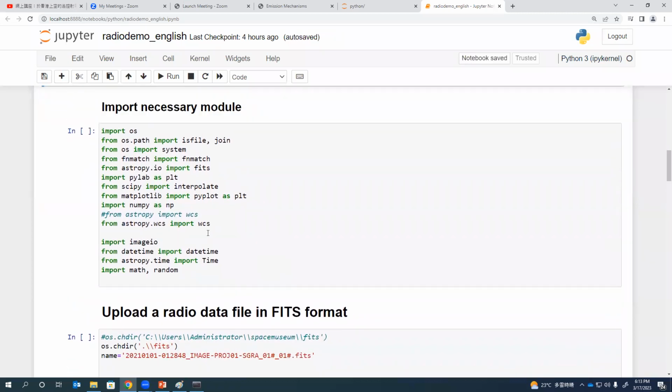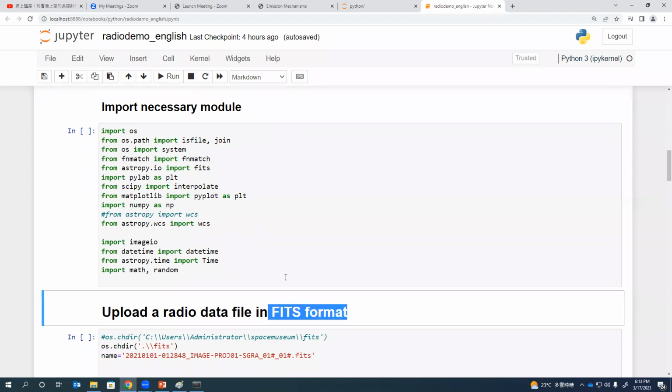demonstrate what I want to say today: after we did the observation, we have a FITS file for our small radio telescope. Very lucky, it was made in Italy, and the Italians created the output format, the data structure, in terms of the FITS file, and FITS is a standard data structure in our astronomical field.